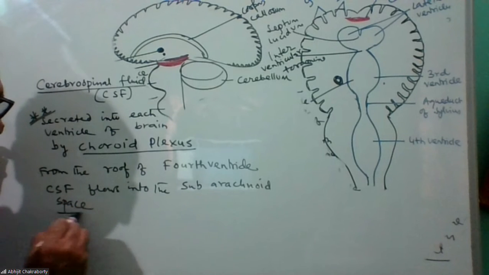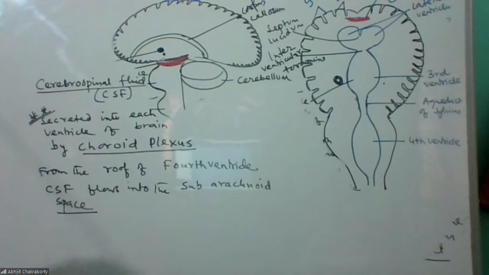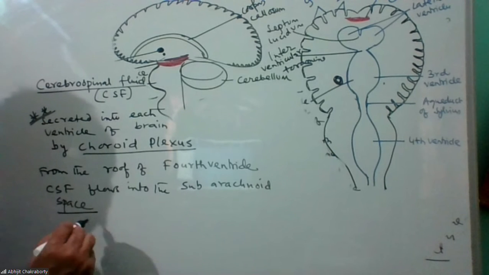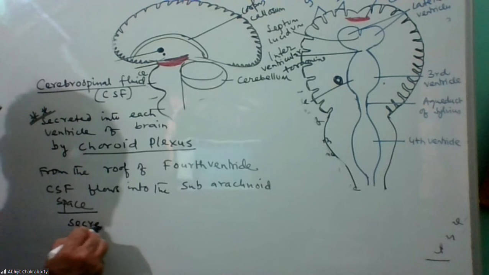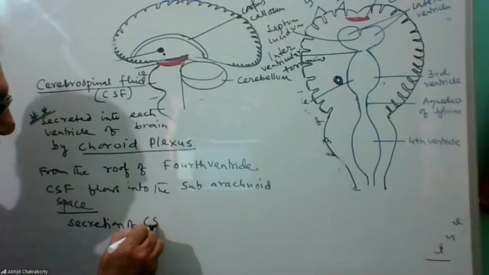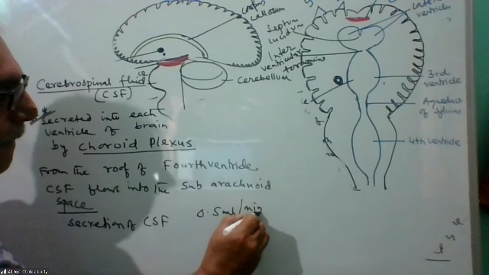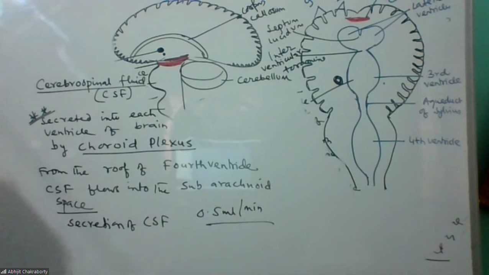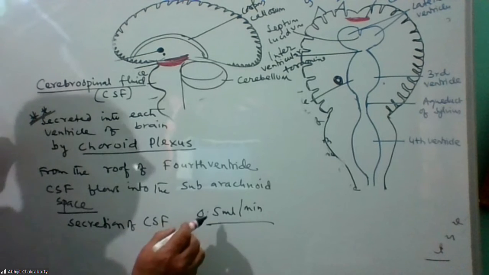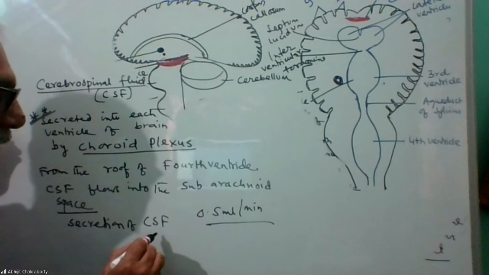Now you see how much CSF is secreted. Actually, it is about 0.5 ml per minute, and that is 750 ml per day.